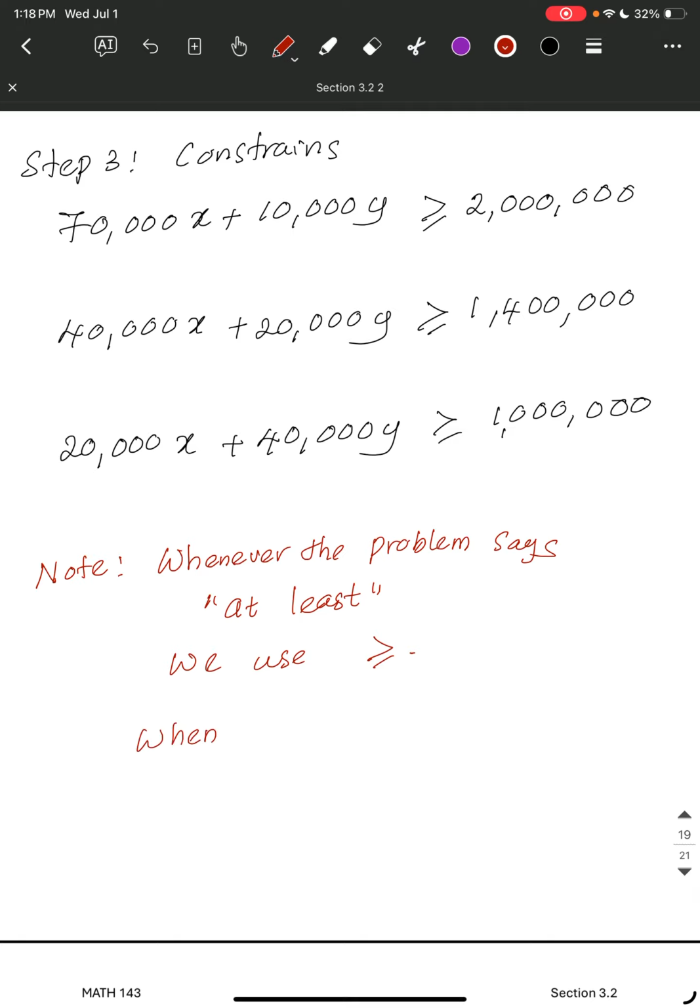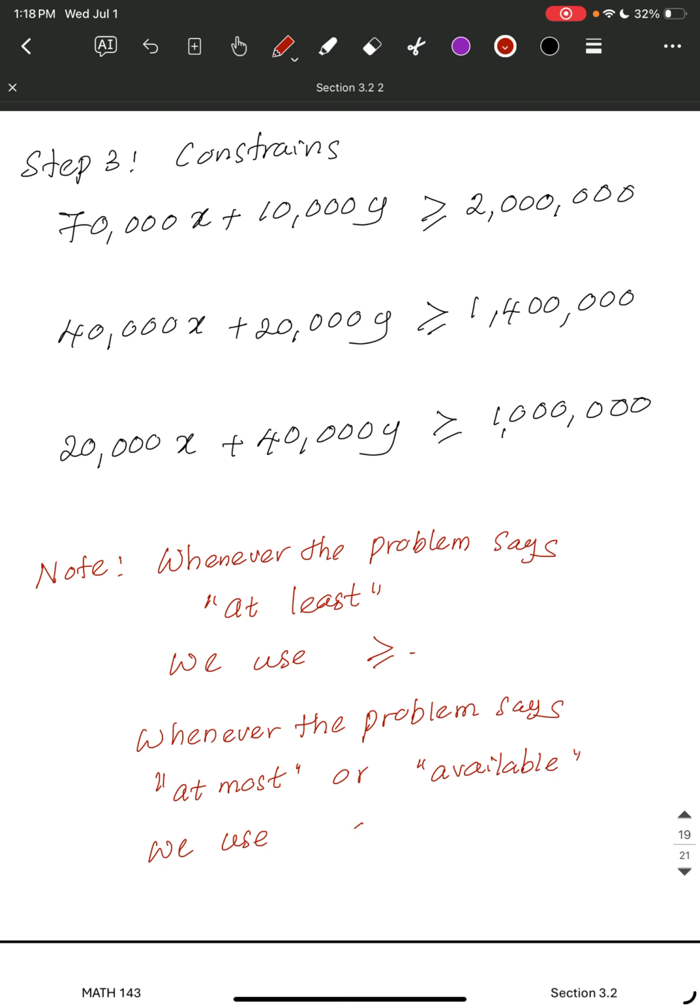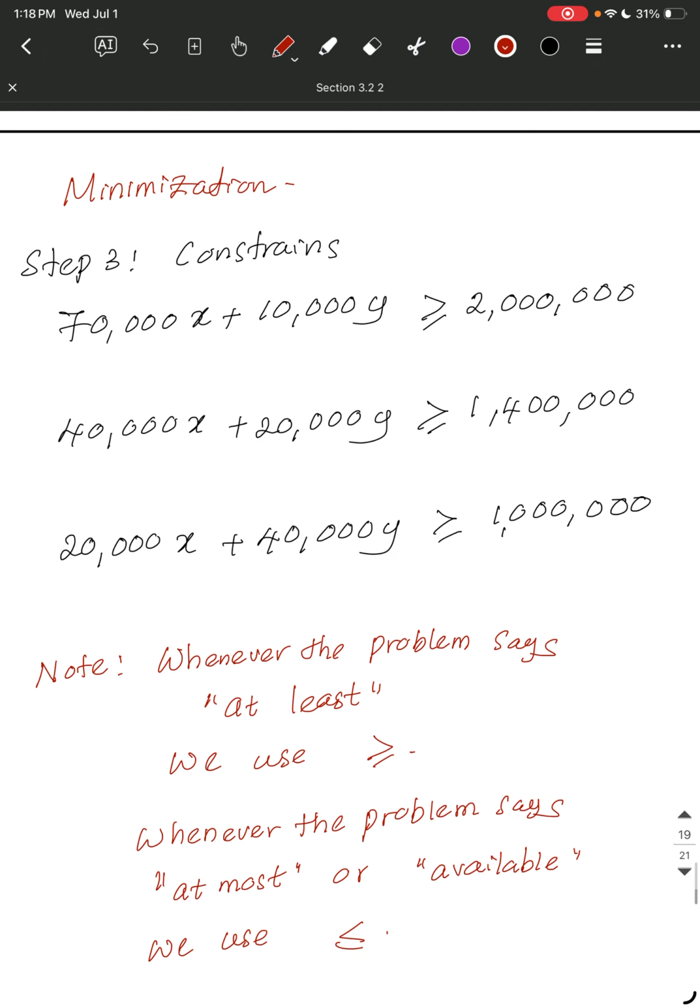Whenever the problem says at most or available, we use less than or equal, right? Okay, so within the constraints we can see the large numbers, right?